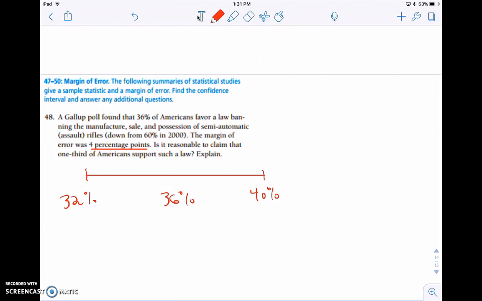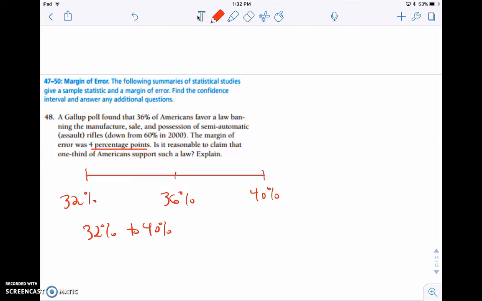Between 32 and 40% is our confidence interval. We don't know the exact confidence here because we're not given everything, but we have some confidence that the true parameter is somewhere between 32 and 40%.